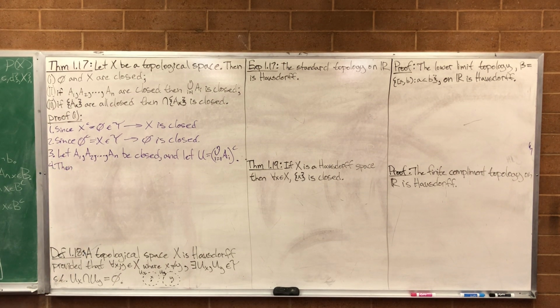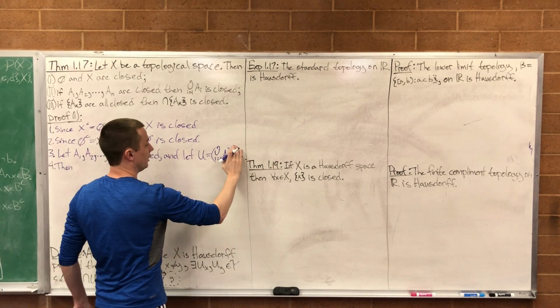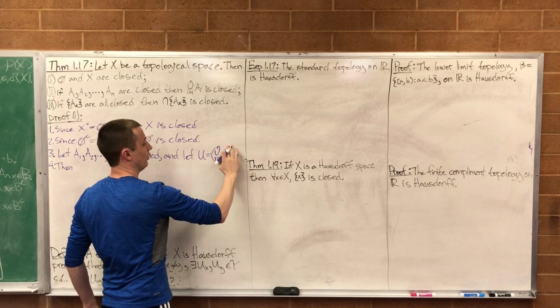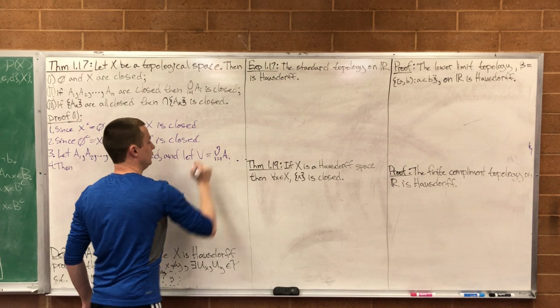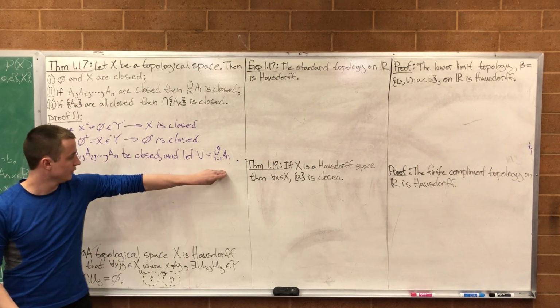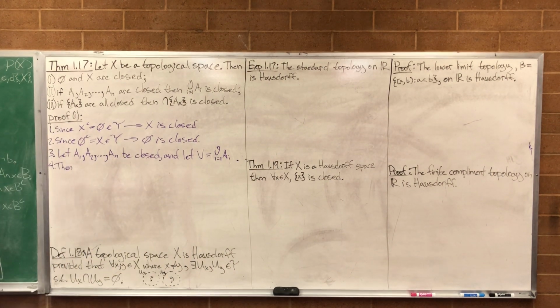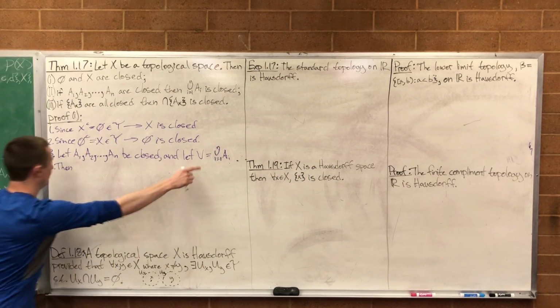Then, maybe I may want to call this thing closed, so we'll call it V. So we'll let V equal their union. I'm trying to show V is closed, so I need to show V complement is open. I just don't want to have to rename this thing.